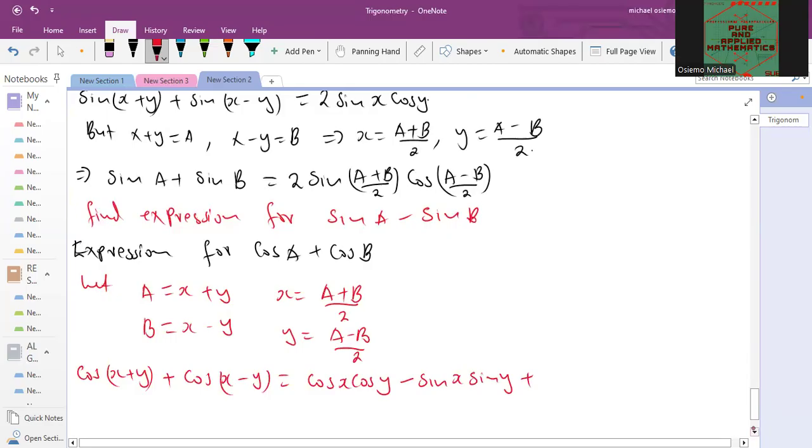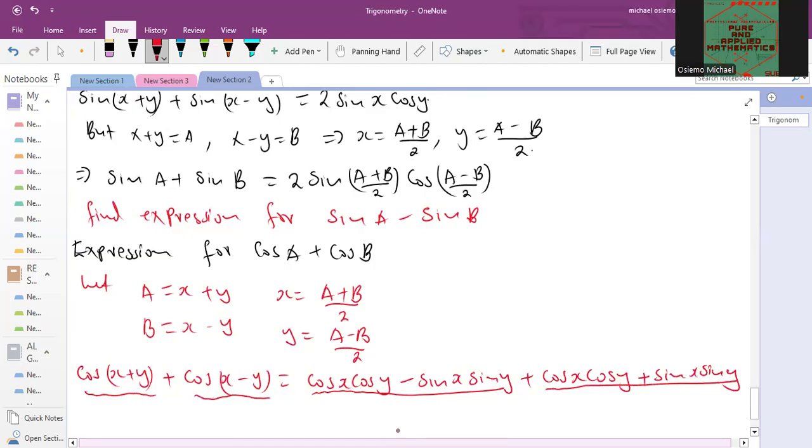Plus, for cos of x minus y, cos x cos y plus sin x sin y. So this first set is the expansion for cos of x plus y, and this set is the expansion for cos of x minus y.